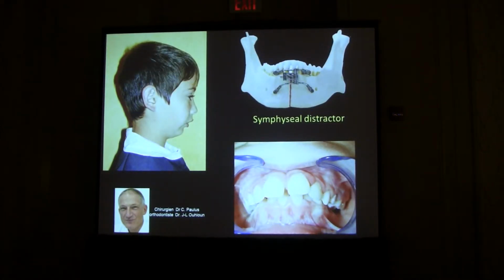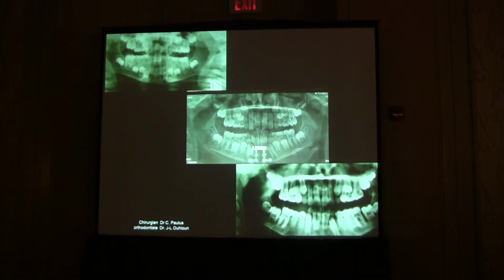In the first case of distraction that I performed with my surgeon friend, Dr. Christian Paulus, we used a bone distractor screwed in the symphysis. It was a Brodie syndrome with a high backward mandible. Unfortunately, we only have a panoramic X-ray showing the distractor in place.